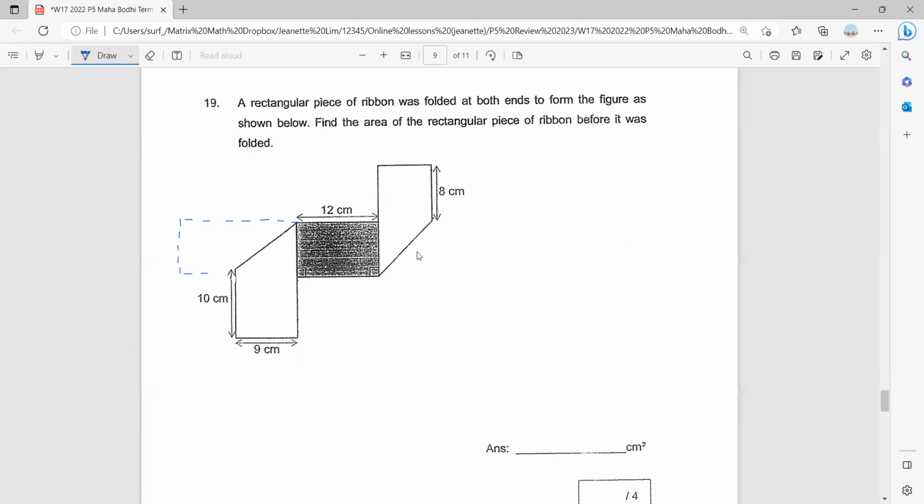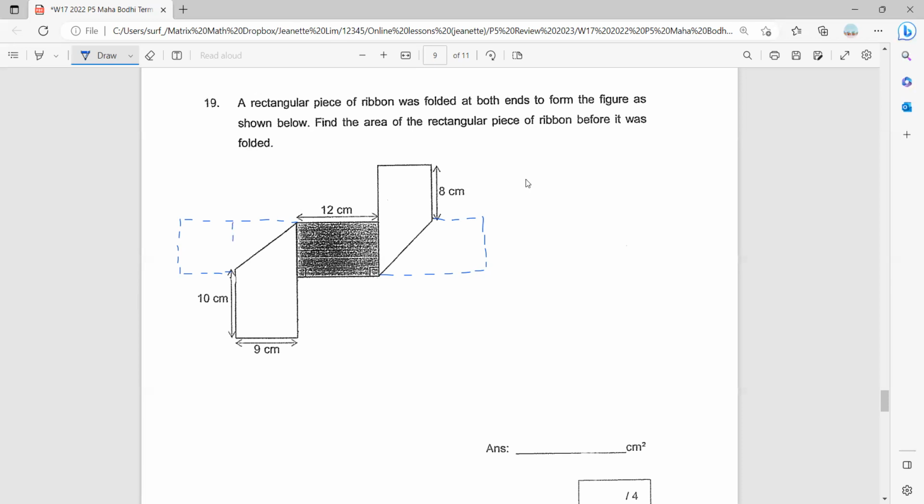And if you want to find the area of a rectangle, it's basically length times breadth. This whole thing, the length times the breadth. Now, what is this whole thing?